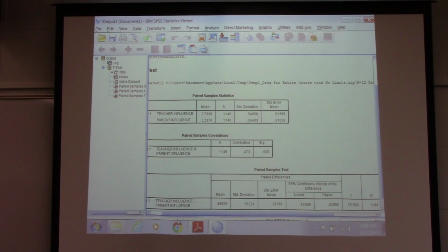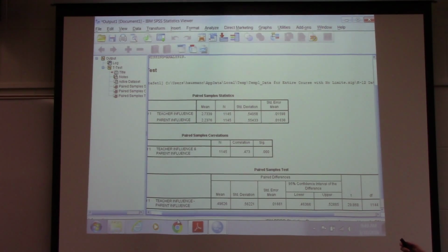If you wanted to write this up, you could say something like, a paired sample t-test was conducted in 5 districts across 3 states. 1,145 teachers were asked to describe their level of influence in school-wide decisions compared to the level of influence that they believe parents have.